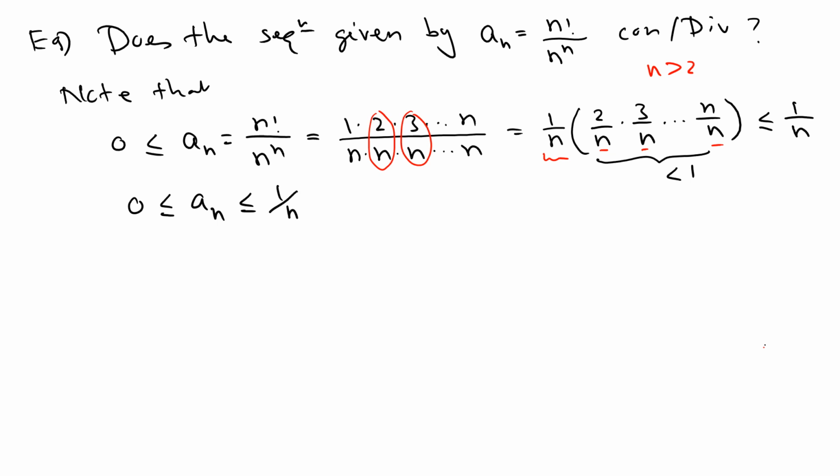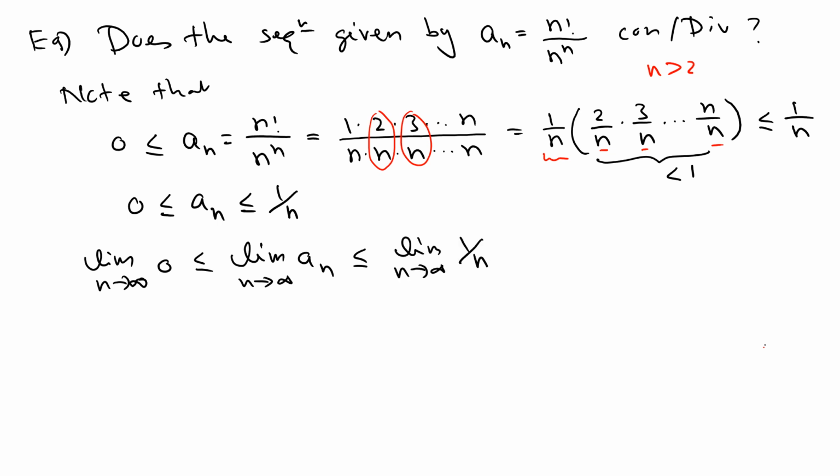Now we take the limit. The limit as n goes to infinity of 0, less than or equal to the limit of a_n, which we don't know, less than or equal to the limit of 1 over n. Now you can see this is 0, and this is also 0.